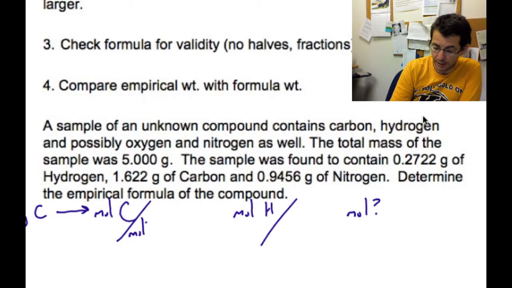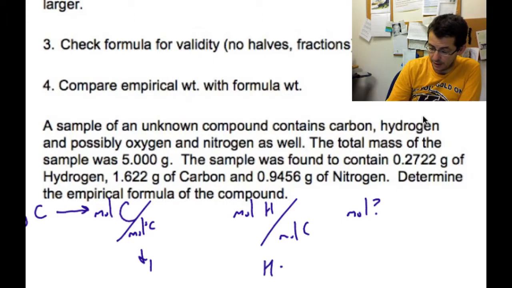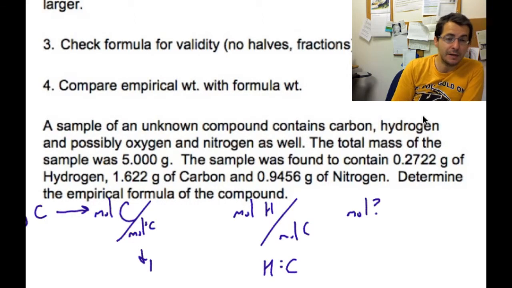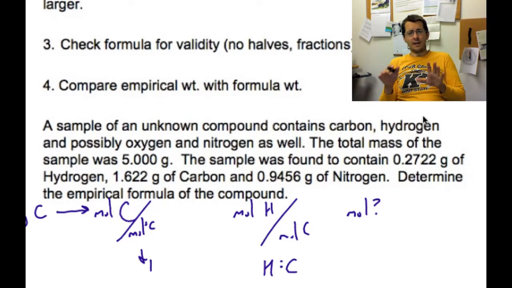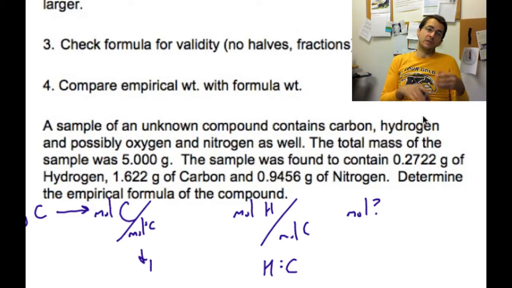So if it was moles of hydrogen, this would set this to 1, or this would set this H to carbon ratio. And then we check the formula for validity, make sure it's valid, no halves, no fractions. Occasionally you'll get a number like 1.5 or 0.333. Don't round. Right? What this represents is half an atom, which we can't have. So it might represent a ratio of like 2 to 3. And that would give you a value like that.